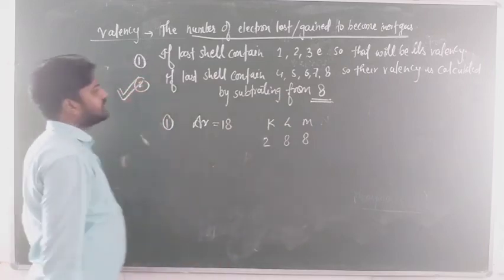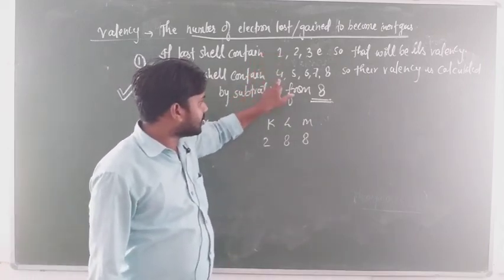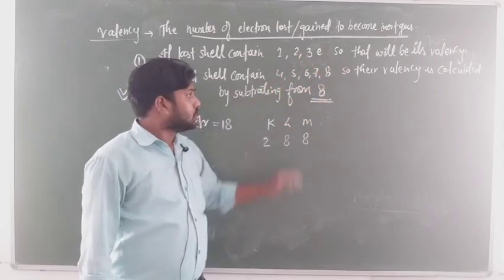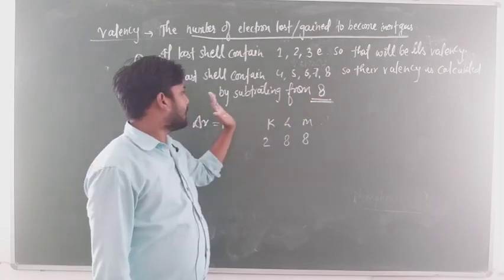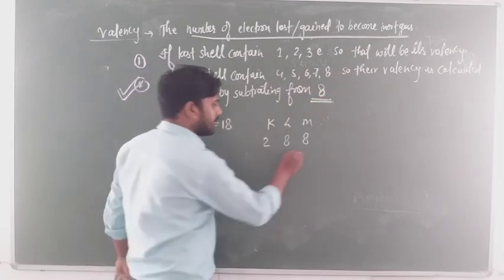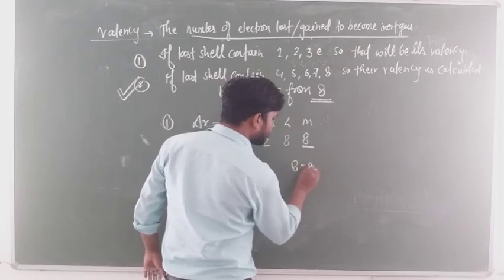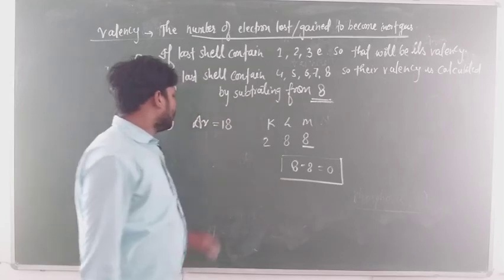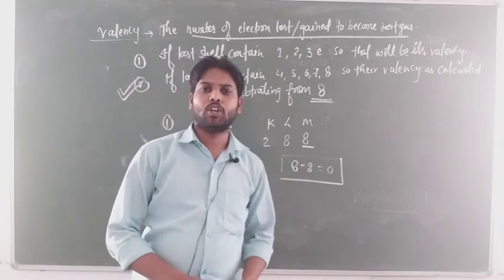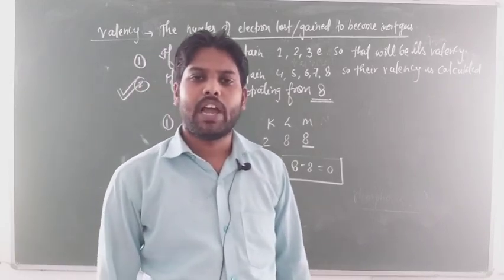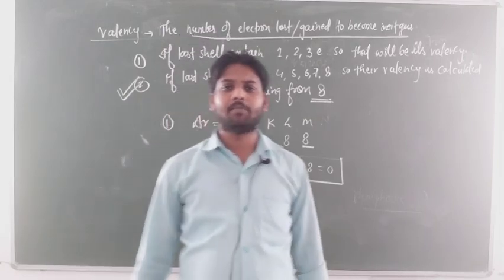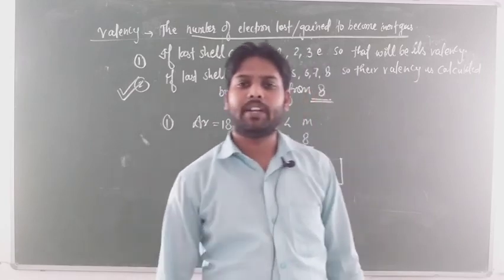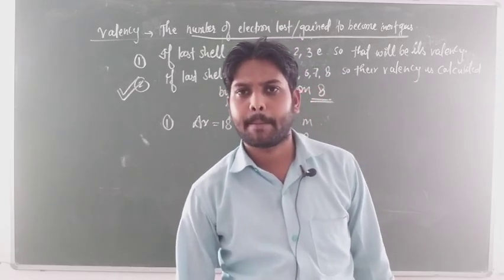From this rule, students, if the last shell contains 4, 5, 6, 7, or 8, the valency is calculated by subtracting from 8. So the last shell contains 8 electrons, 8 minus 8 becomes 0. So we can say that argon is an element whose valency is 0. And students, those atoms whose valency is 0 are known as noble elements or noble gases. Clear, students?